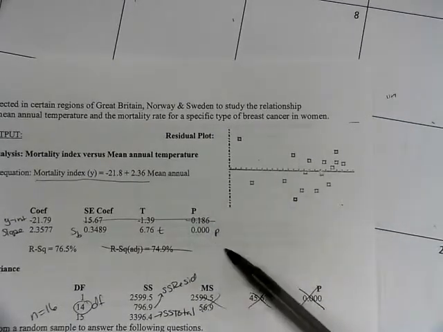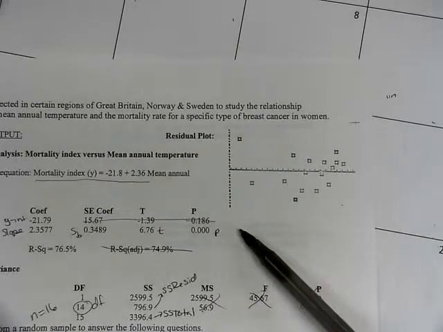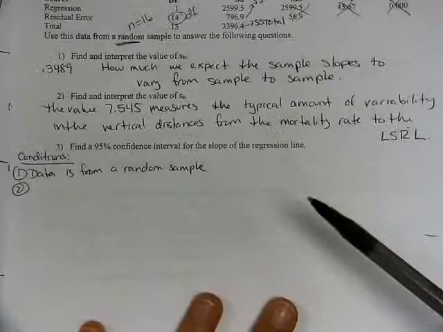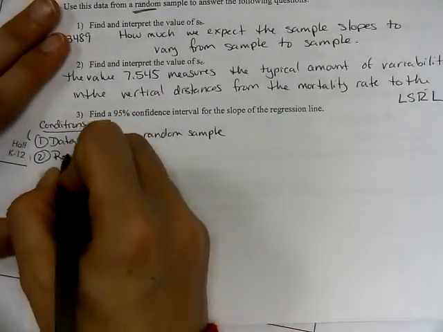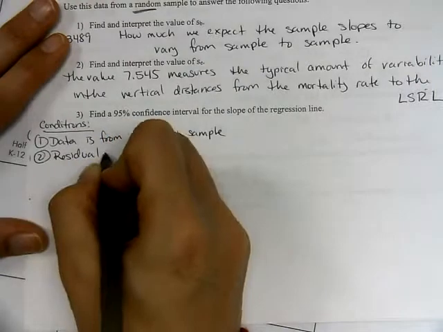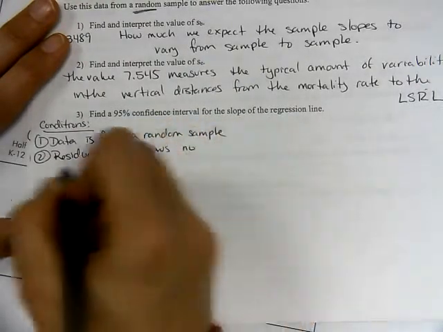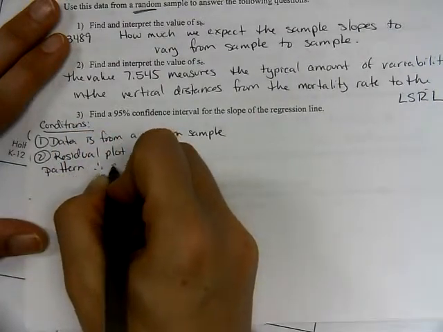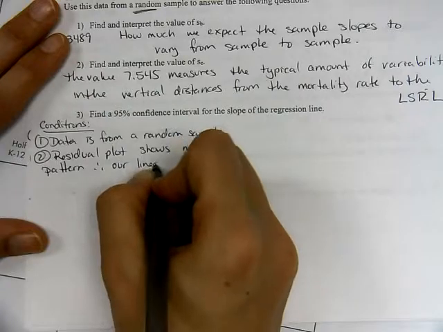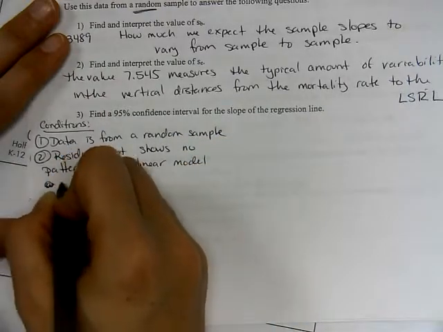Does this look like there's a pattern? No. Let's say no. So the residual plot shows no pattern. Therefore, our linear model may be appropriate.